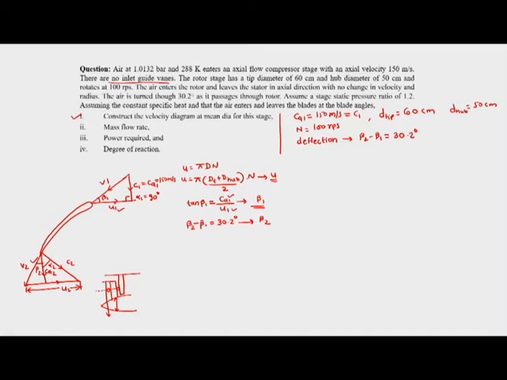We are also told that there is no change in velocity and radius. So we say that CA1 is equal to CA2. There is no change in axial velocity. So CA2 is known to us, and we can find out this distance.